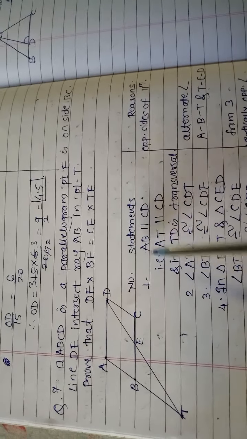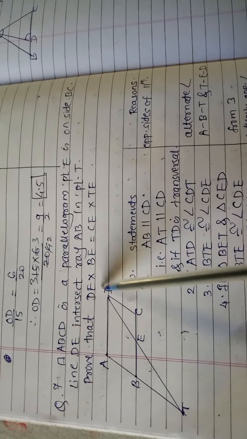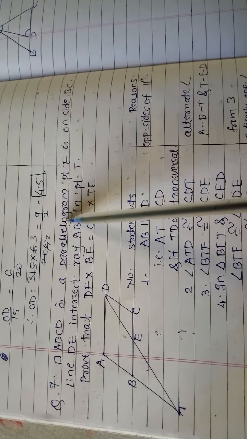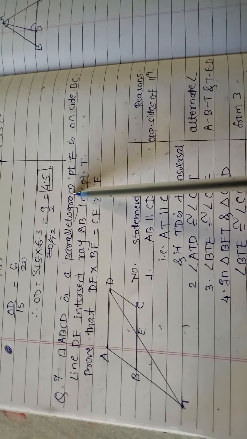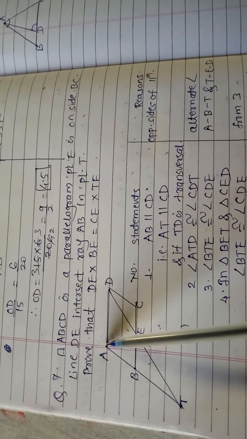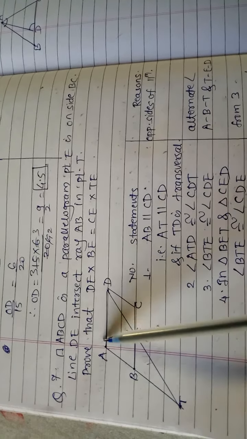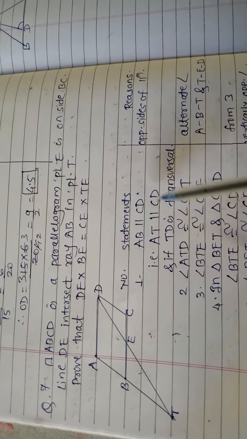See the first one: AB is parallel to CD, which is given in your example. We are given the parallelogram, and you know that the opposite sides of a parallelogram are parallel. We continue AB up to T, so AT is also parallel to CD.